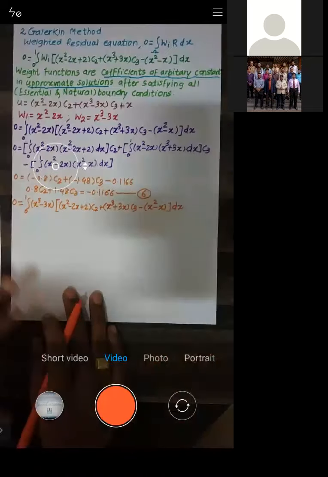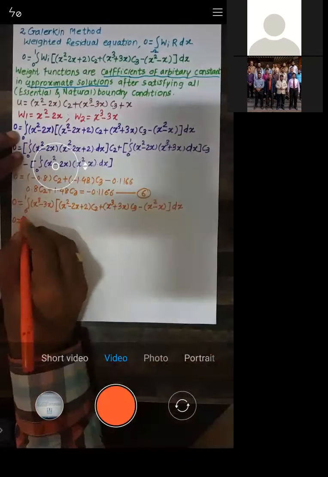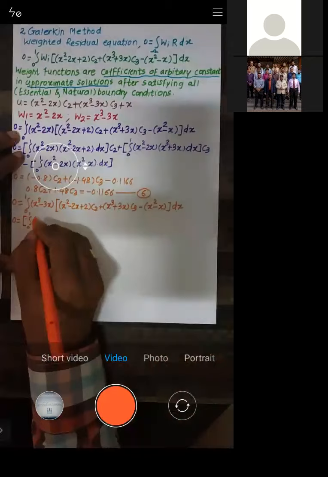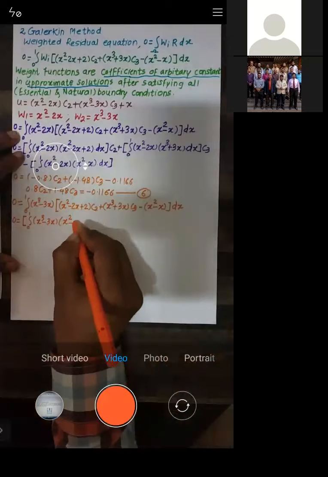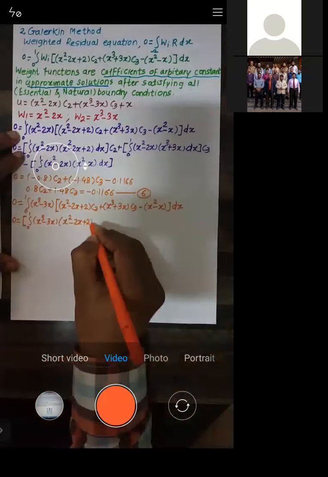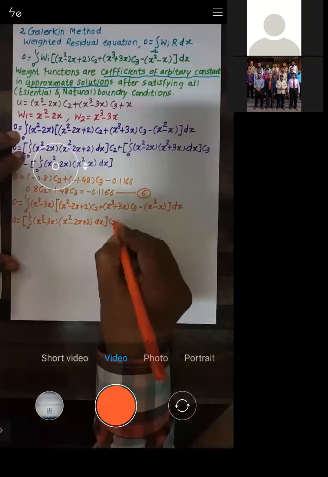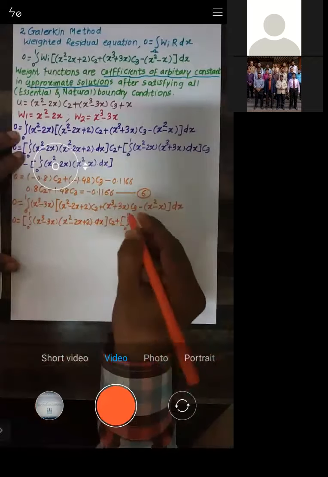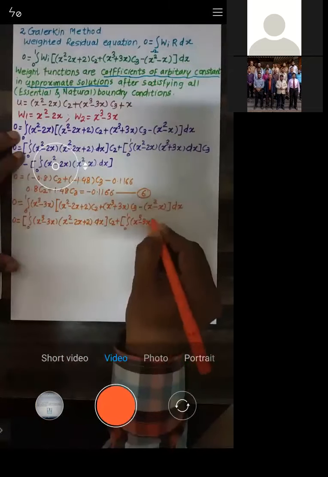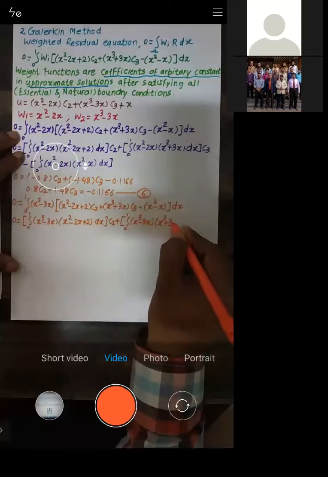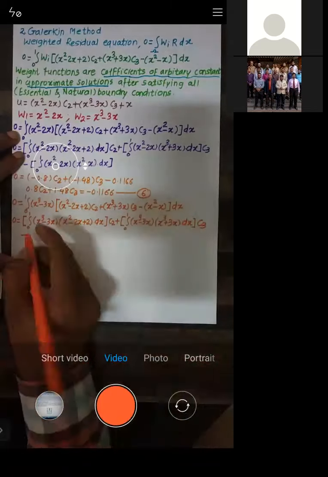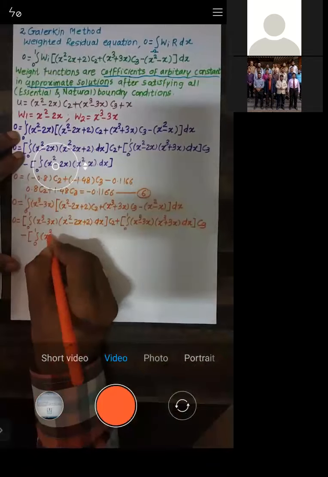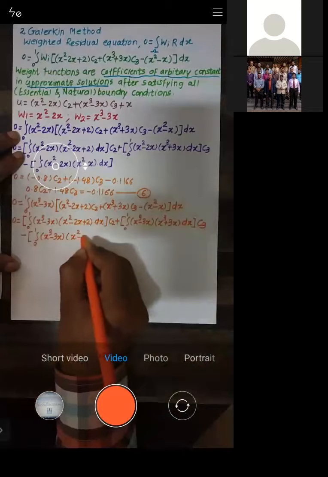So 0 is equal to integration 0 to 1 of x cube minus 3x into x square minus 2x plus 2 dx, the coefficient of C2, plus integration 0 to 1 of x cube minus 3x into x cube plus 3x dx, the coefficient of C3, minus integration 0 to 1 of x cube minus 3x into x square minus x dx.